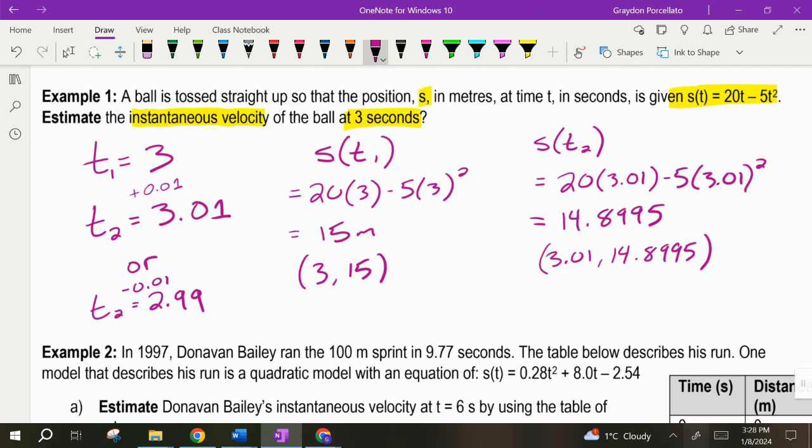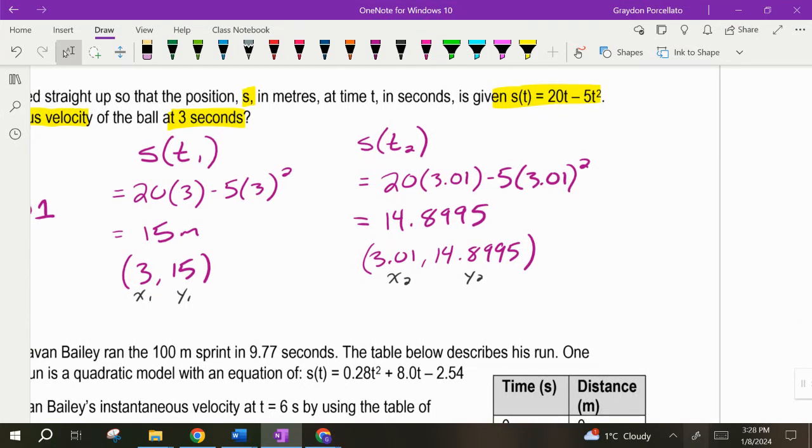And now all I'm going to do is find the slope between these two. We can call this x1, y1, x2, y2, and I'm going to use my slope formula.